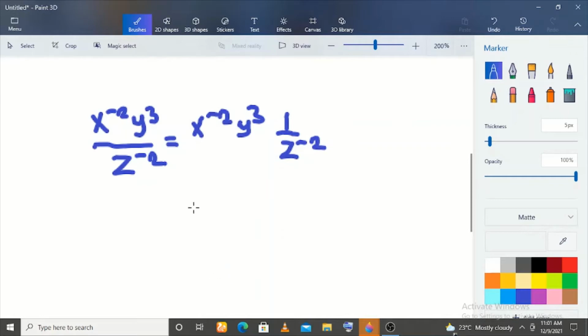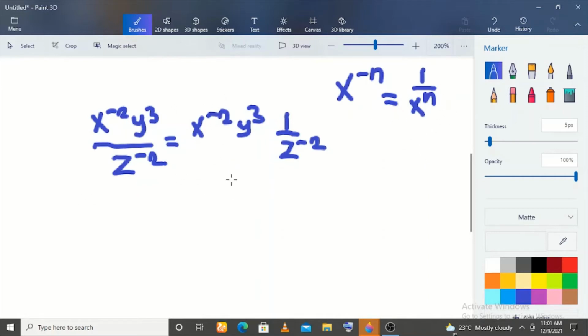All right. So where do we go from here? Well, what you should remember is that under exponents, when you have x to the power negative n, that's the same as writing 1 over x to the power n.